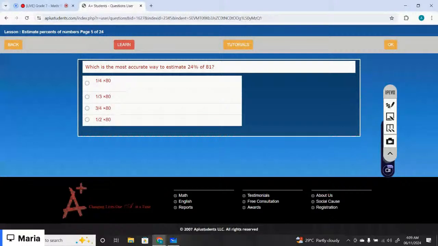Which is the most accurate way to estimate 24% of 81?